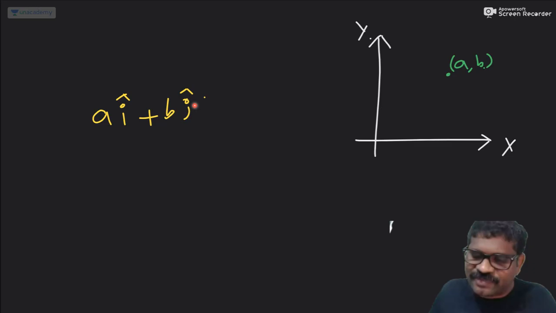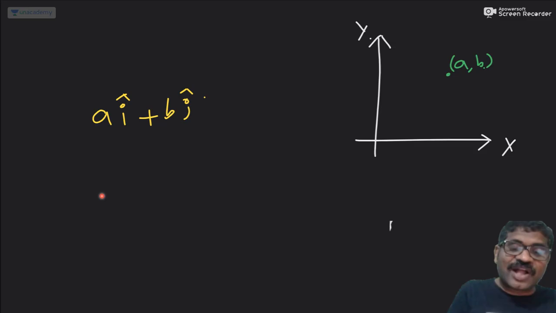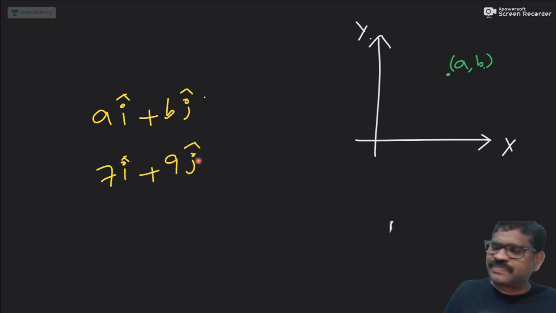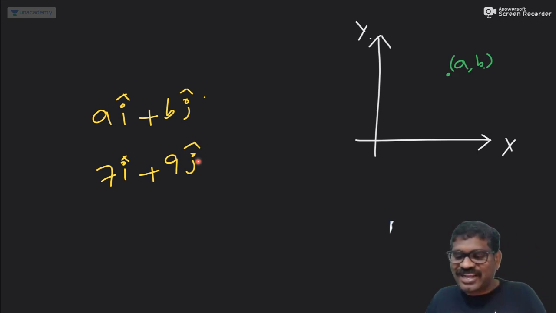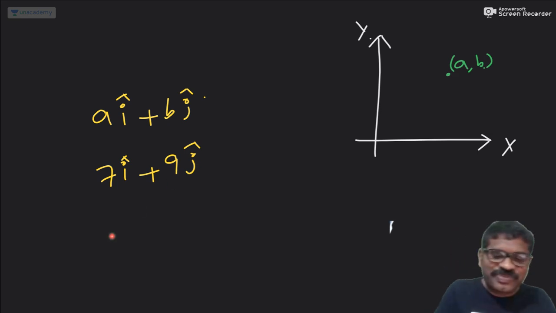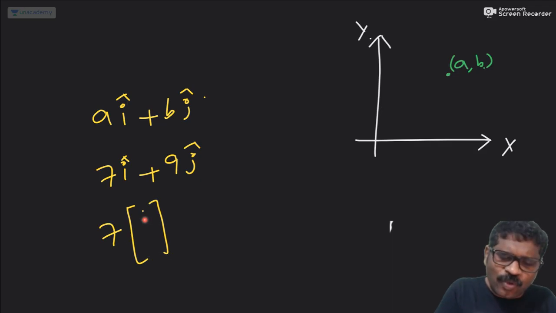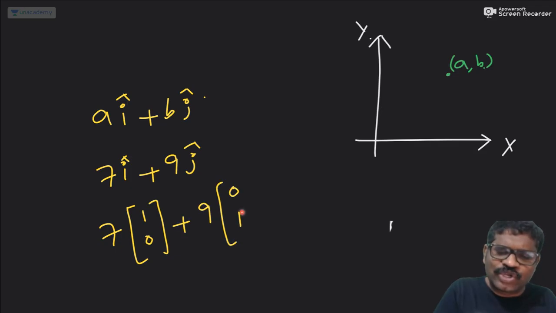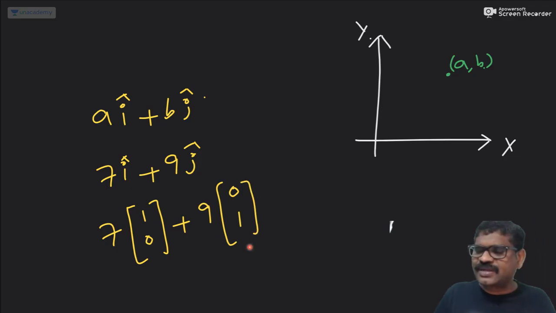Suppose if you take 7 comma 9, 7 comma 9 means 7 i cap plus 9 j cap. Understood? This can be written as 7 into (1,0) plus 9 into (0,1). Any problem? Sir, what are (1,0) and (0,1)? (1,0) is nothing but i cap, (0,1) is nothing but j cap.